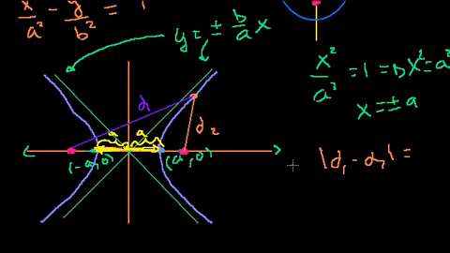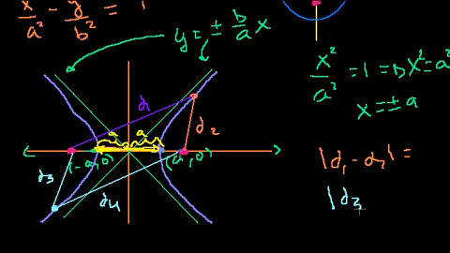So this number right here is going to be the exact same thing as if I took a point right here. I'm picking these points arbitrarily, as long as they're on the hyperbola. If I call these two distances d3 and d4, the difference between d1 and d2 is the same as the difference between d3 and d4. This is going to be a constant the entire way around the hyperbola.